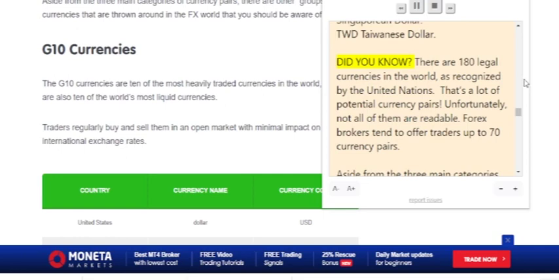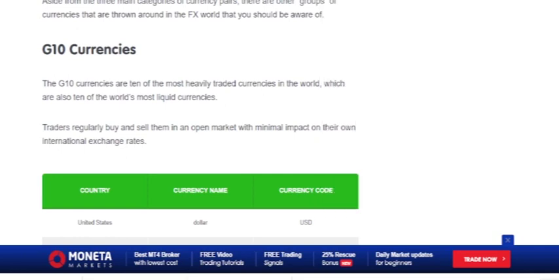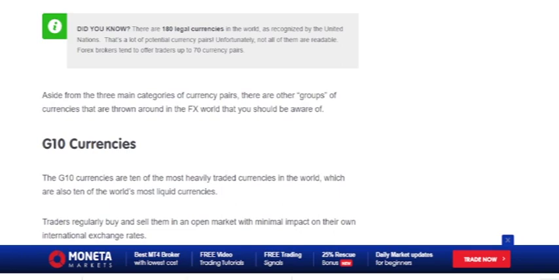Did you know there are 180 legal currencies in the world, as recognized by the United Nations? That's a lot of potential currency pairs. Unfortunately, not all of them are tradable.